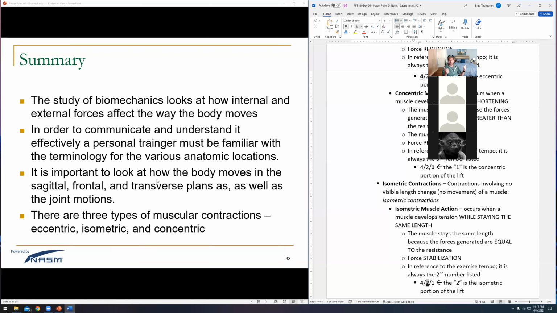So concentrically, in this case, it's my upper trapezius that's doing too much work. And concentrically, it's my lower trapezius that needs to do more work. So I need to stretch the one doing too much work, and I need to strengthen the one not doing enough work. And if I do that, I can fix my client's posture.